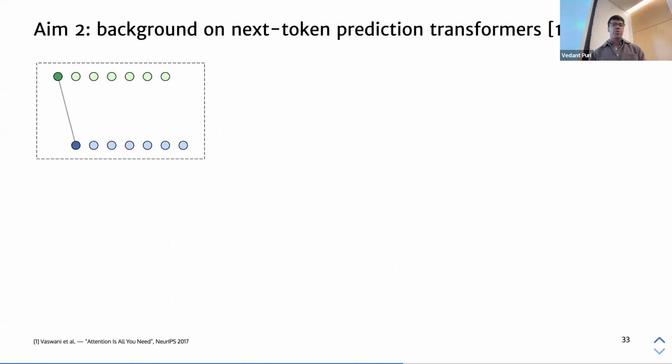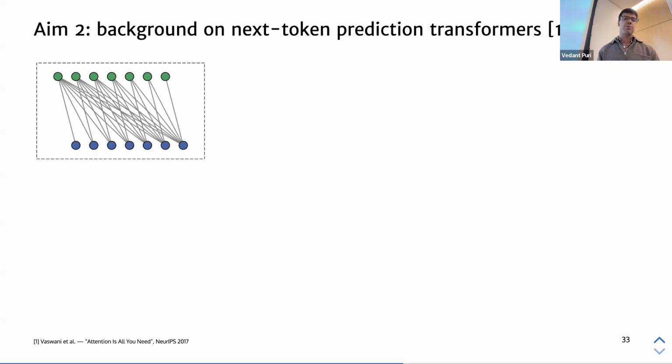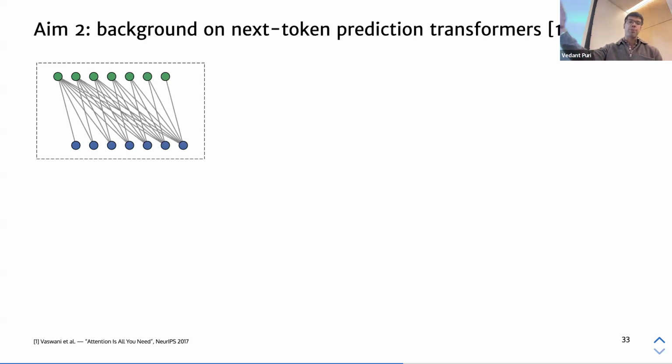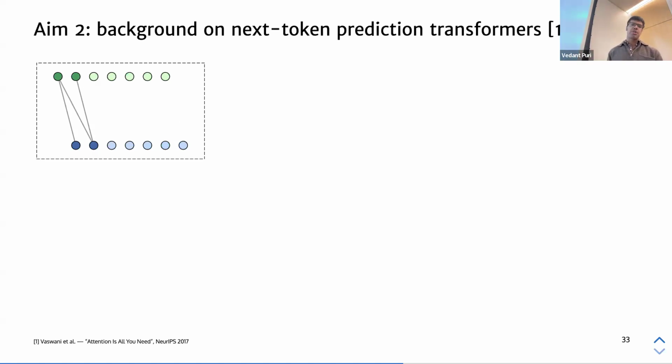Our aim 2 is to develop a next token prediction mechanism for FLARE. But before we jump into FLARE, let's talk once again about how next token prediction works in standard transformer models. As you can see from the schematic, this is somewhat similar to what we had with self-attention, but every output token only pays attention to the input tokens from before that output token in order to maintain causality.